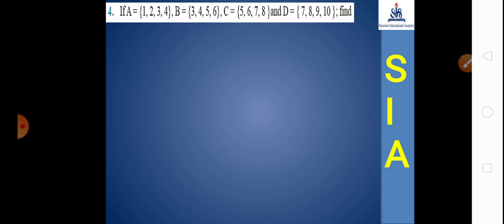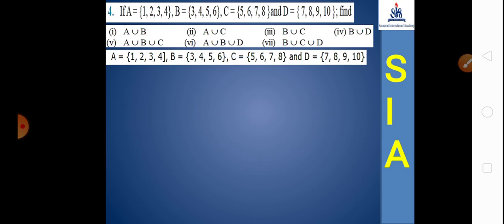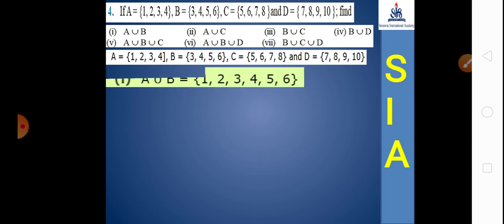Now the fourth one. A, B, C, D are given and further the question asks a total of 7 parts. First, A union B. Same, write it down. A, B, C, D are already given. So A union B is what? Nothing, all elements of A and all elements of B without repetitions. I have written the answer 1, 2, 3, 4, 5, 6.